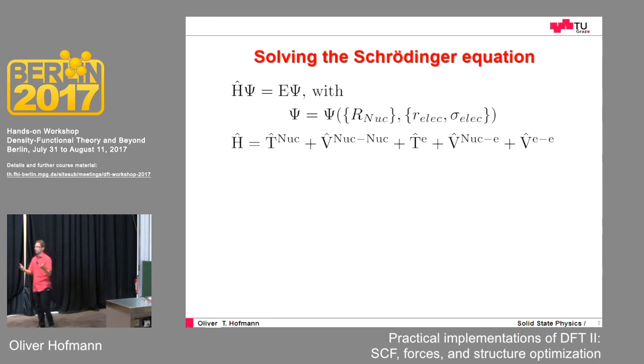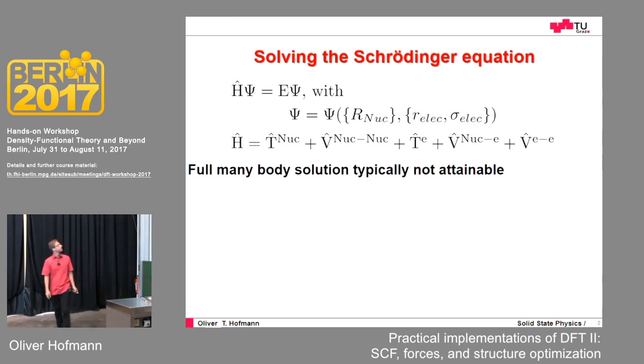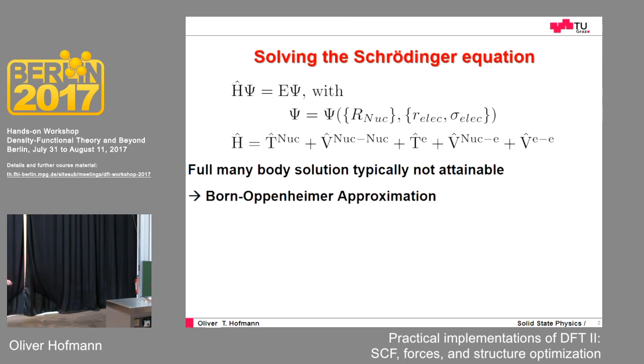The Hamiltonian, as you all know, and as Hardy Gross has discussed and presented earlier, we can separate into contributions from the nuclei, the kinetic part for the nuclei, the nuclear-nuclear interaction. We have the nuclear-electron interaction, the electron-electron interaction, and the kinetic part of the electrons. And as Hardy Gross has also said before, the full many-body solution is typically not attainable, or at least not easily.